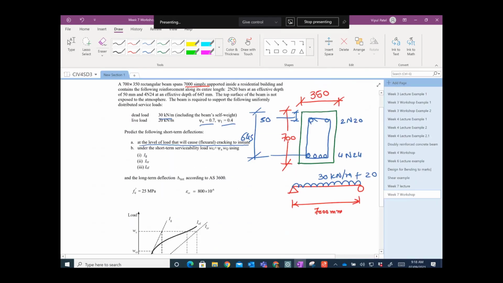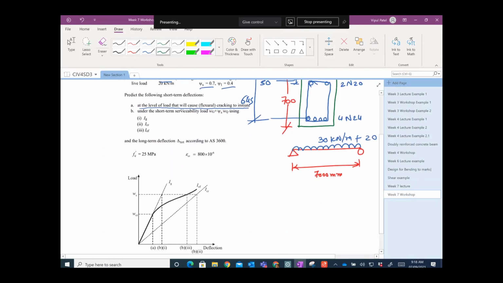So I effective takes that into account. Here they ask at what load level the flexural cracking will initiate. They want to know the starting point where the cracking will start. So you keep loading the beam: 1 kilonewton, 2 kilonewtons, 3 kilonewtons, keep loading, and at one point it will start cracking.